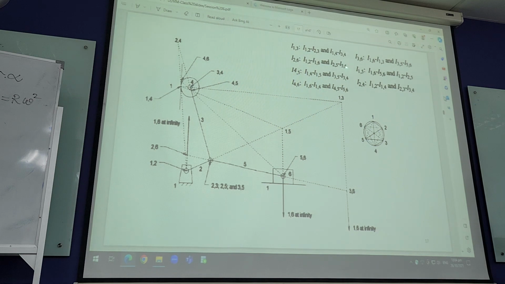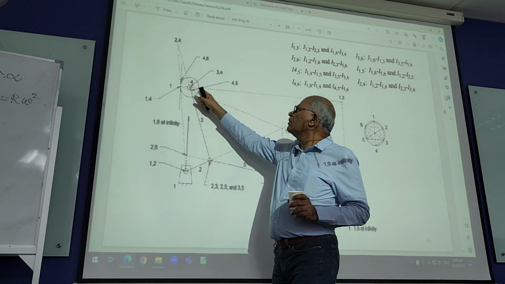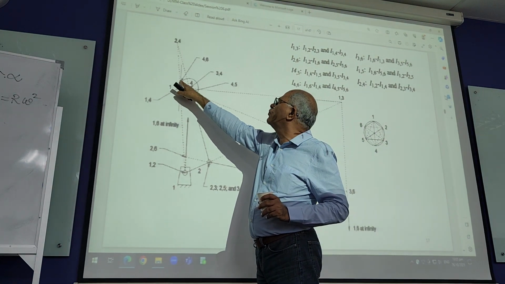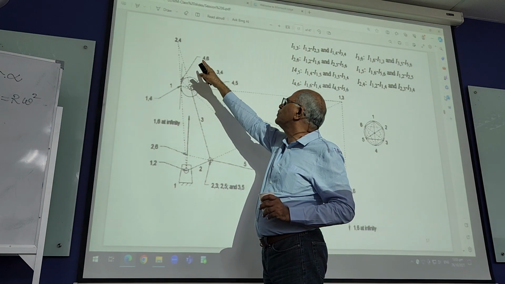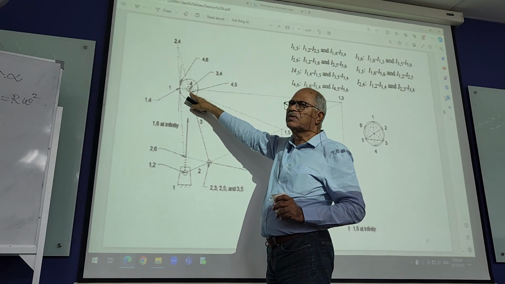So like this, you have to find out the remaining instantaneous centers. You can see here a cluster of ICs. This is 1, 4, 4, 6, and 3, 4 of course is visible. So 2, 4 is there, and 4, 5 is very close.